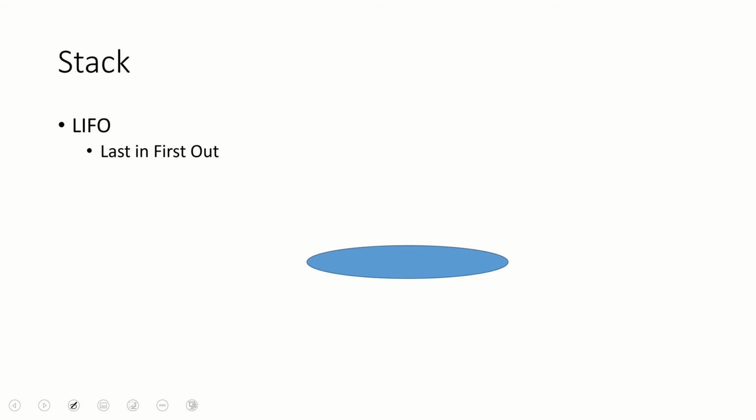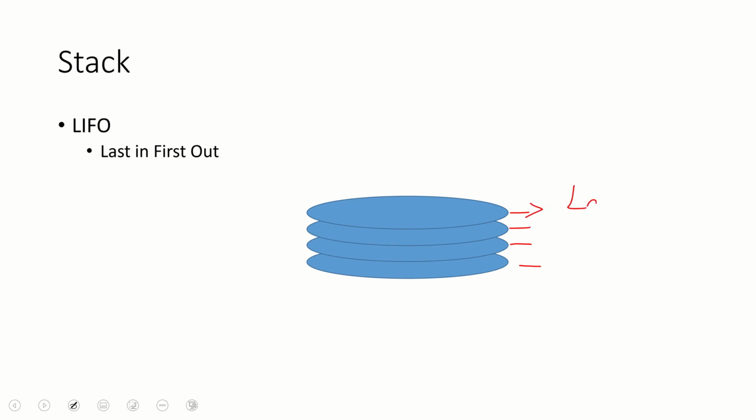We put the first in, then we stack another one, and another one, and another one. At this point, this one is the last one we put in, right? So this is what we call last in.